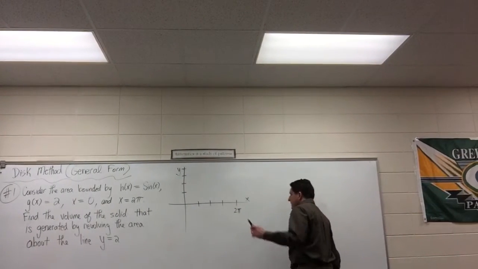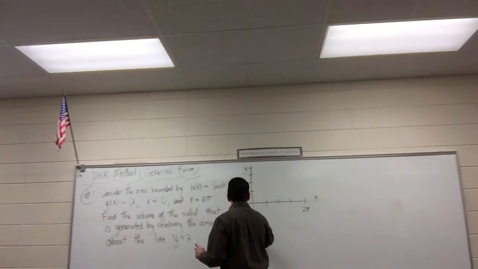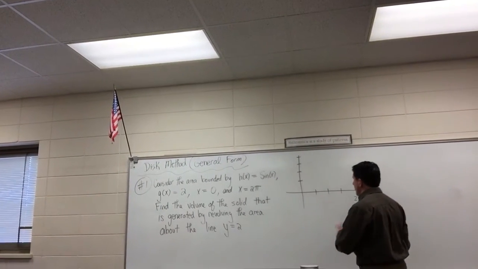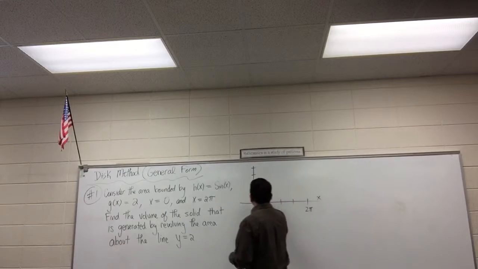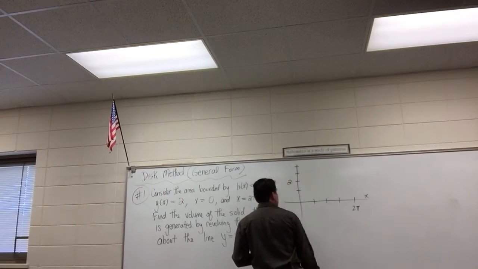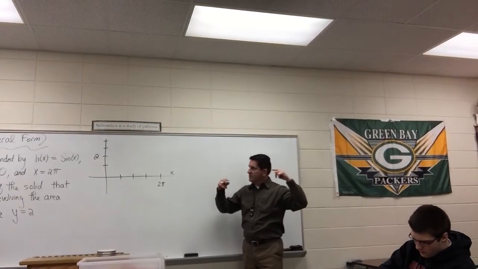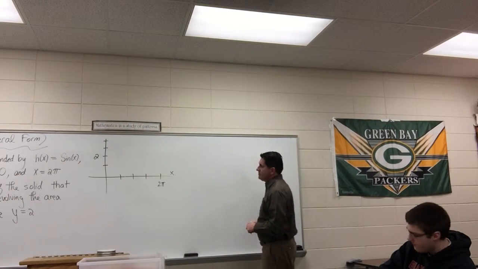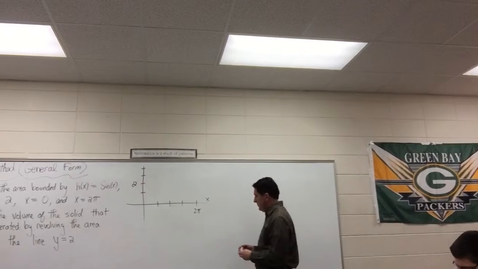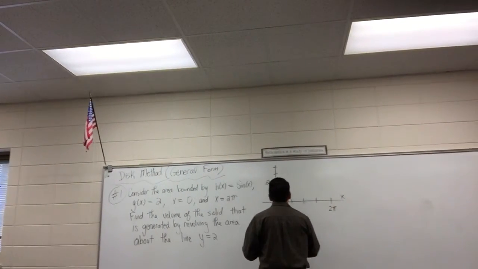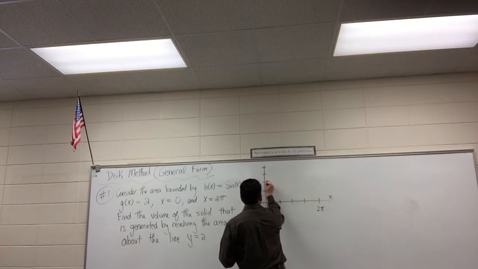In these problems that we're going to do this week, you have to do a little prediction prior to this. For example, in this problem, we're going to be revolving it up rather than down, so you're going to need more space above than below.